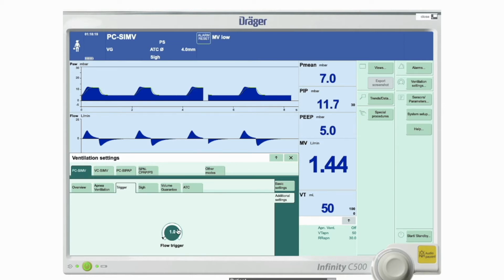either a pressure supported breath or a mandatory breath, which can also be triggered, which you find in synchronous mode. So if you've got an assist control mode or an SIMV mode such as this, the baby can actually trigger any of those kind of mandatory breaths. If the trigger setting is too low, there's a risk of the patient auto-triggering, which means the baby gets a breath he didn't ask for.